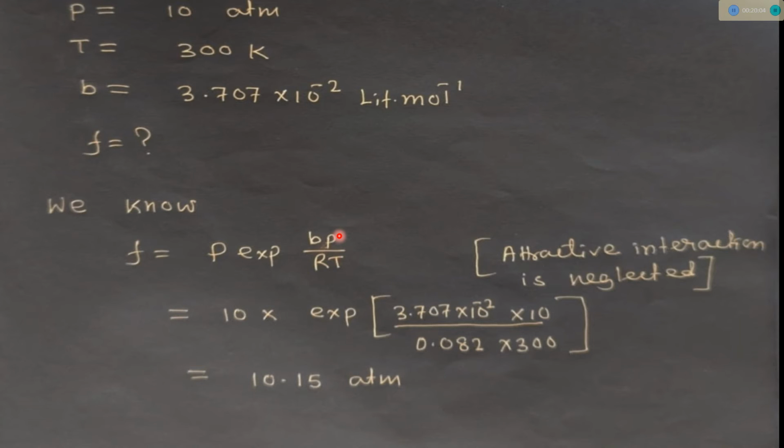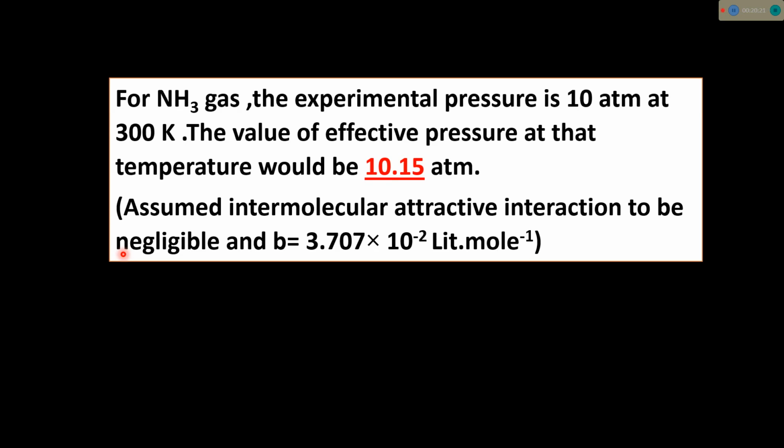If we put the values in the equation, then we will get 10.15 atm. That is the value of F. F is known as fugacity, also known as effective pressure. So for this question, the answer is 10.15 atm.